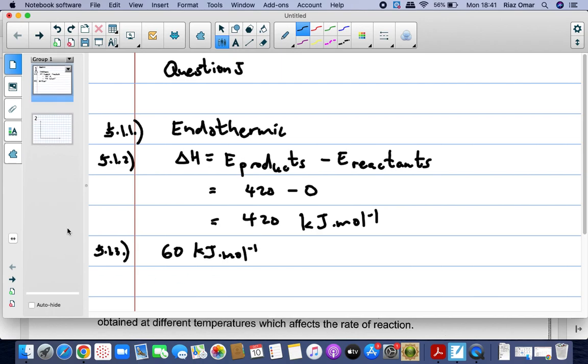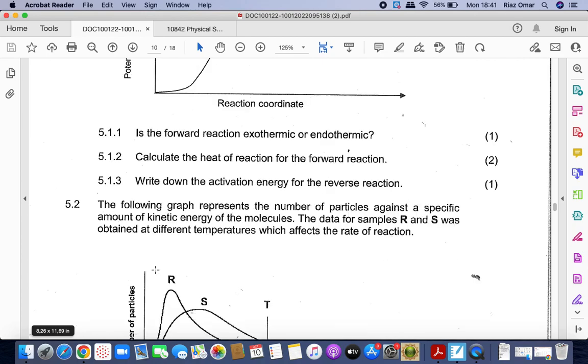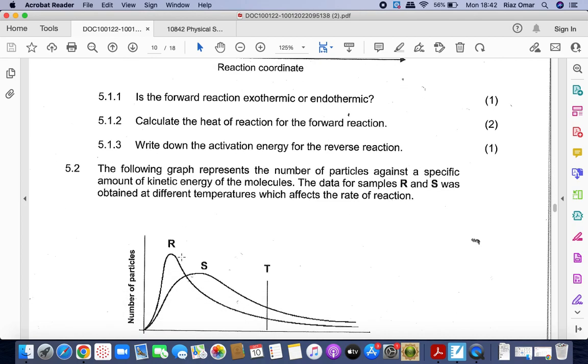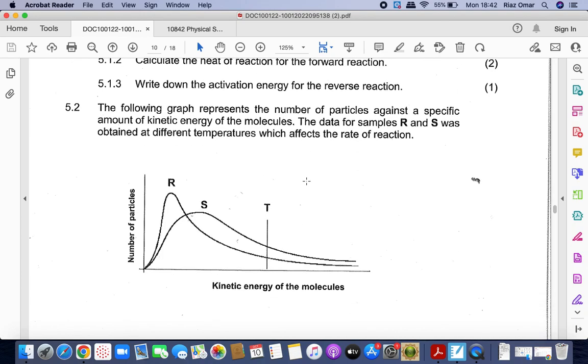Alright, so that's 5.1.3. Going further, there's another question. The following graph represents the number of particles against a specific amount of kinetic energy of the molecules. The data for samples R and S is obtained at different temperatures, which affect the rate of the reaction.